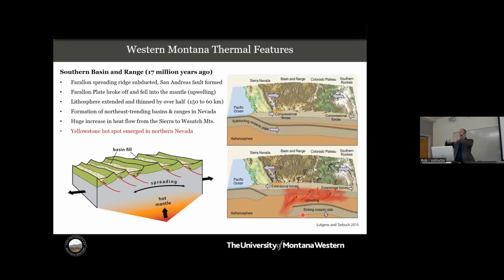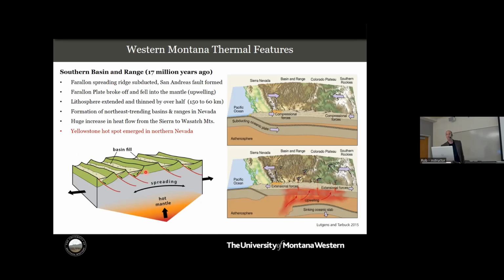All that creates upwelling currents that are convecting. And remember, convection drives plates apart. And so starting about 17 million years ago, to the south of the Snake River Plain, the Great Basin went from compressional to extensional. It started pulling apart, forming basins and ranges, just like this. Everybody okay?